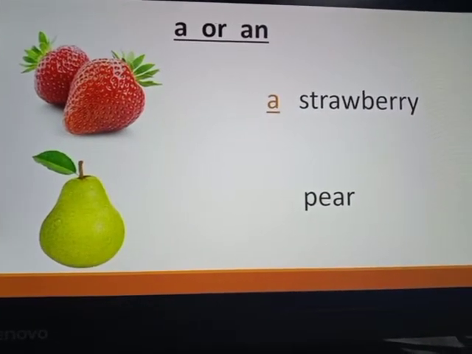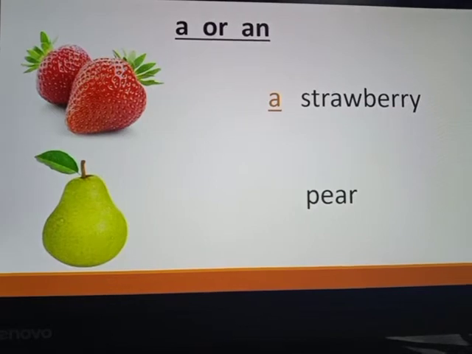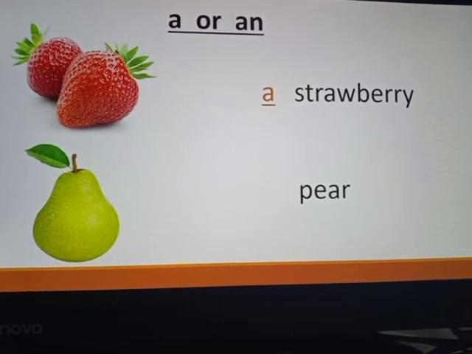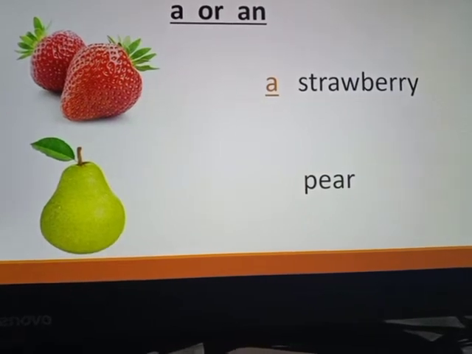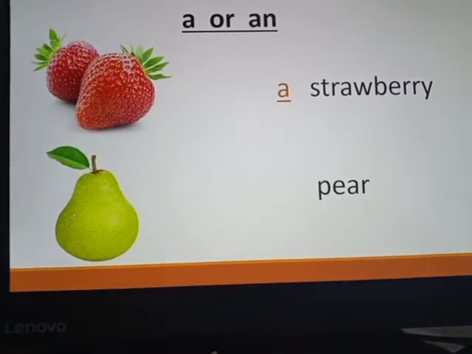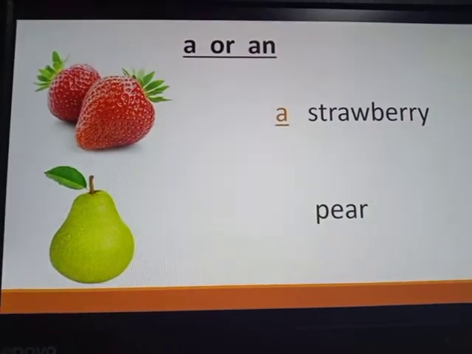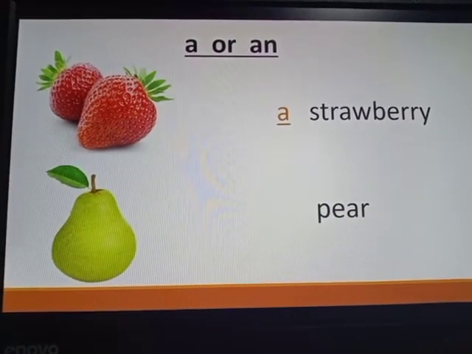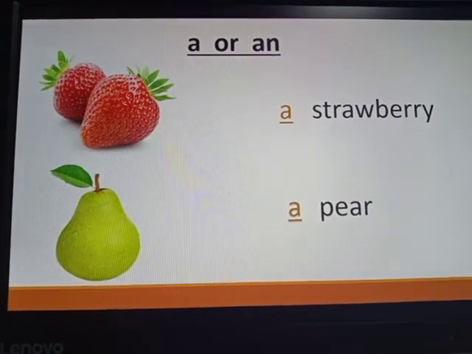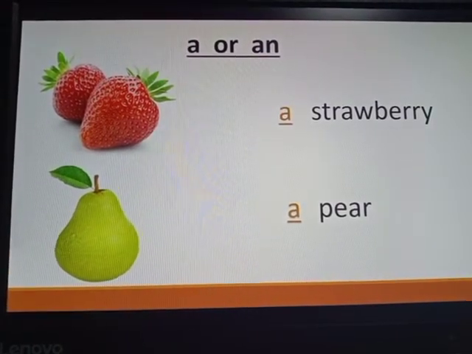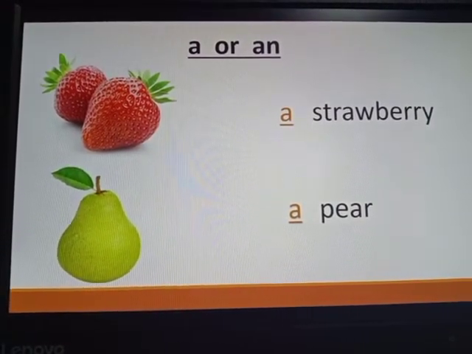Correct. It's a consonant. So what do we use, a or an? Correct. It's a. So we use a before words that begin with consonant sounds. So how do you read it? A pear. What is the answer? A. Now we'll see the next one.